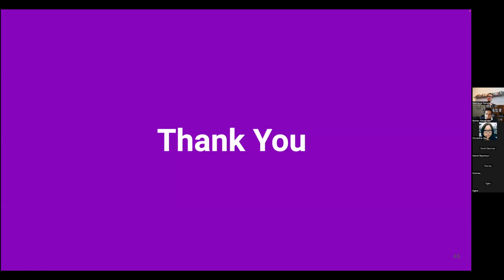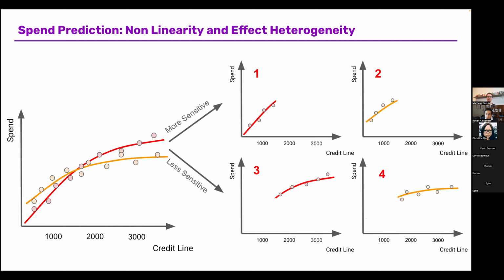So I guess this is what I had to talk about regarding the problem of banking. Again, this is a very small scope of the banking problem. It's just how do you decide your credit line? From solving a problem of the firm, which says that marginal revenues equal marginal costs, you first have to estimate marginal cost, which is just risk, and then you have to estimate marginal revenues, which is much more troublesome because it's a causal objective, and you get into all those complexities of causal inference on that side.